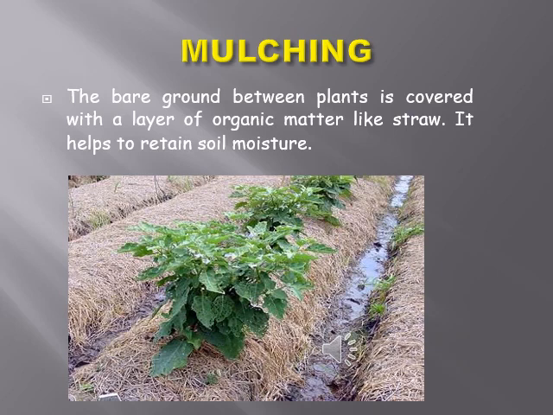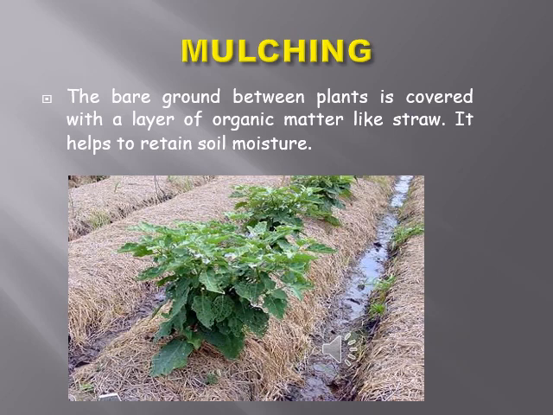Mulching. As you can see in this picture, the method called mulching, what farmers are doing is, between the plants, the land which would be exposed to sun will be covered with a layer of organic matter. Organic matter means sometimes some kind of grass or straw. You can see in the picture they use straw.